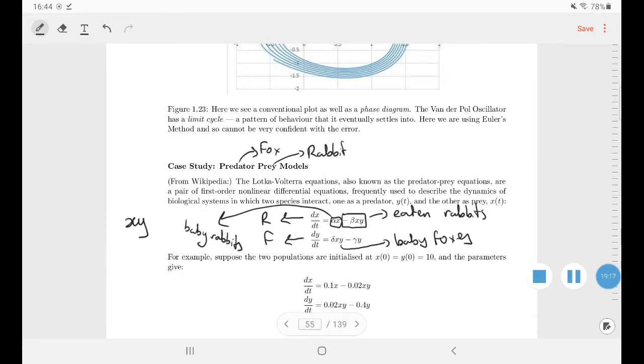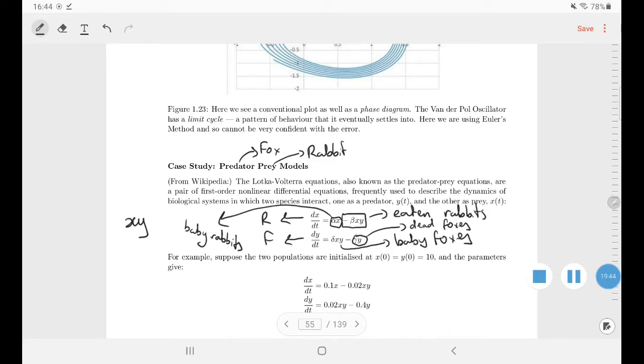But what is an issue is if there's too many foxes, then that is an issue. There's competition. And it doesn't matter how many rabbits there are, kind of. So this one here is starving, which is probably not right, but anyway, dead foxes. So this is what are called coupled differential equations. It can be used in different things.